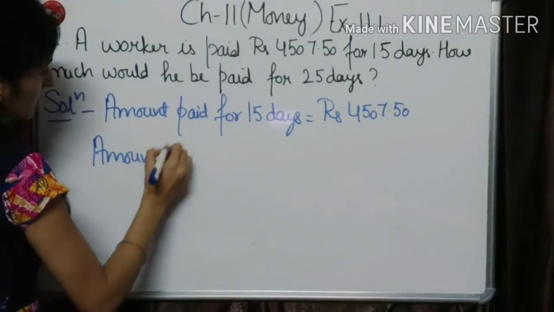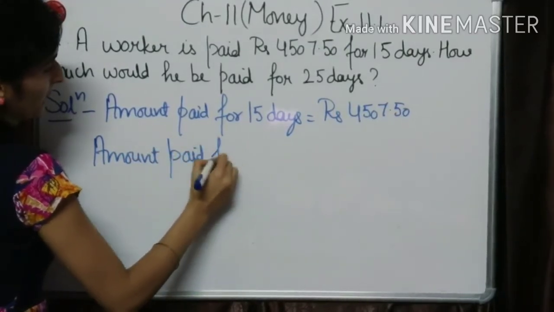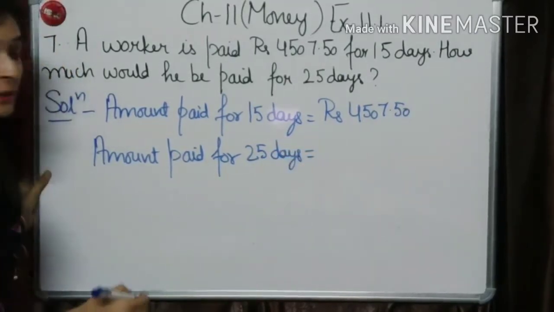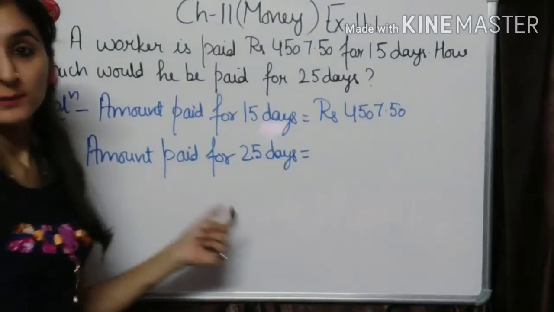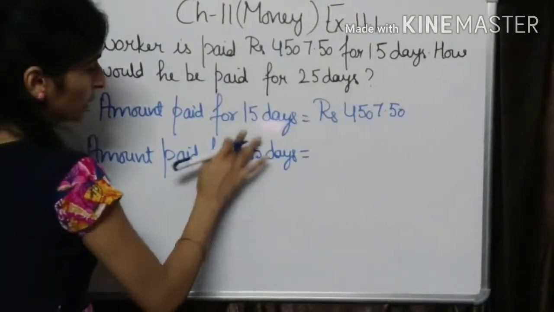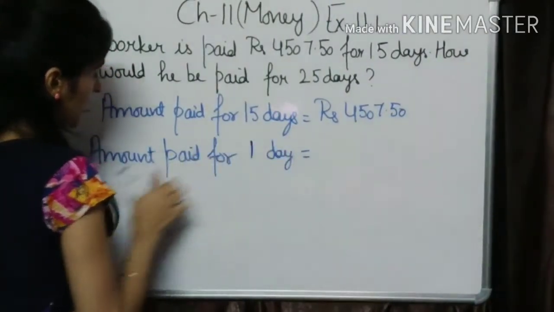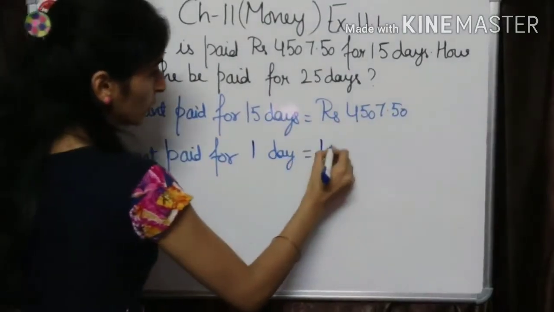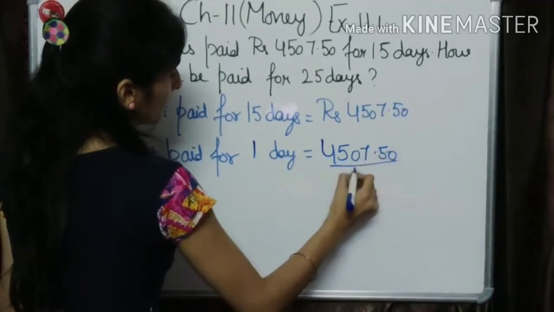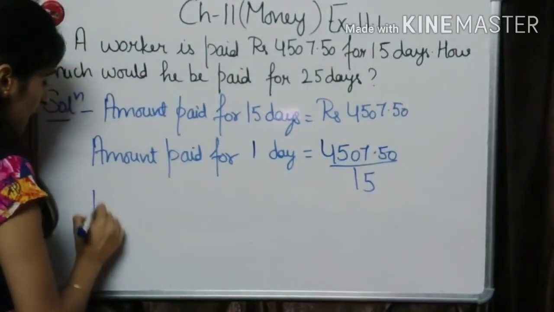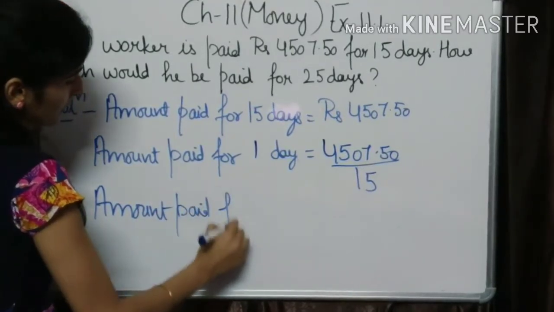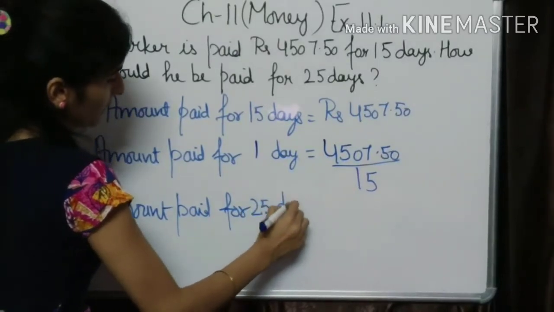and amount paid for 25 days will be, first of all, we will find out the amount paid for 1 day. So here I am going to write 1 day. Amount paid for 1 day is equal to 4,507.50 by 15. And then we have to find out the amount paid for 25 days.